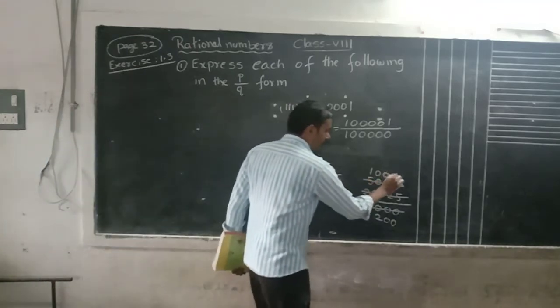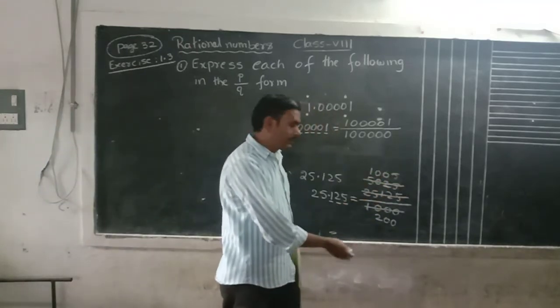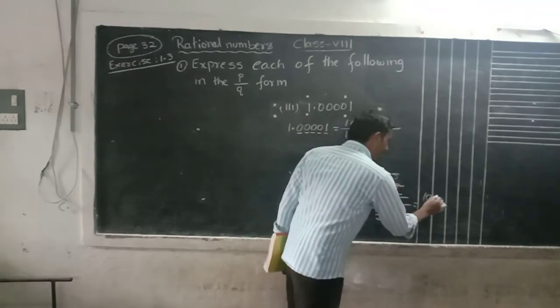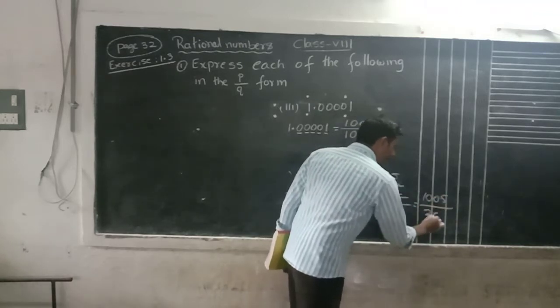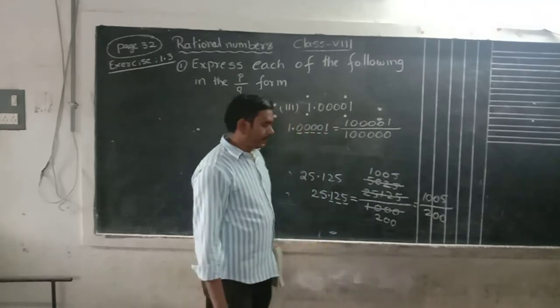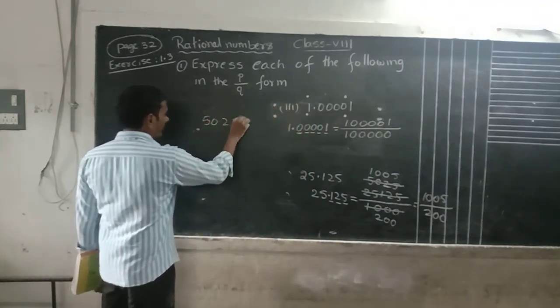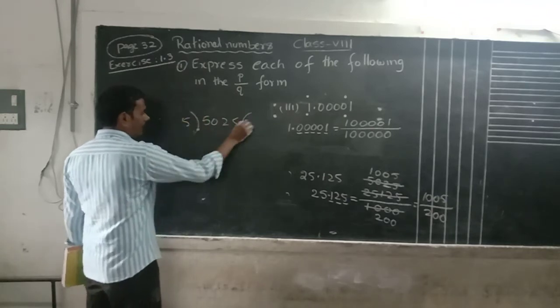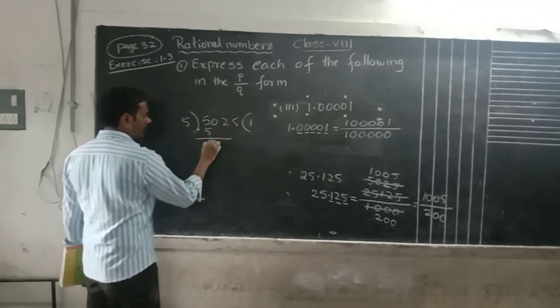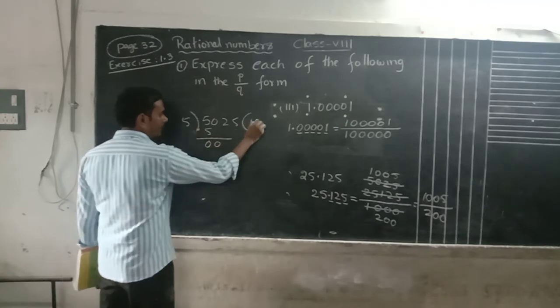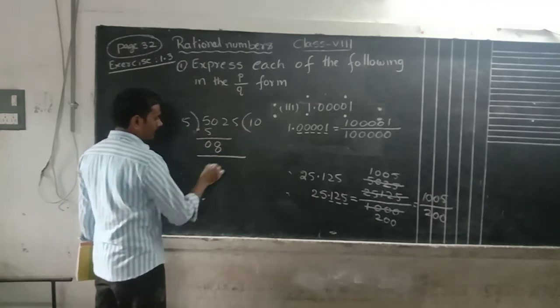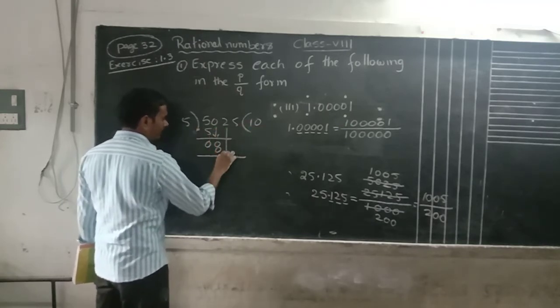5 5s are 25. Further we can cancel, or we can leave that one. Whenever a number is given to you, for example 5025 divided by 5. 5 1s is 5, 0, 0, then take down 2.